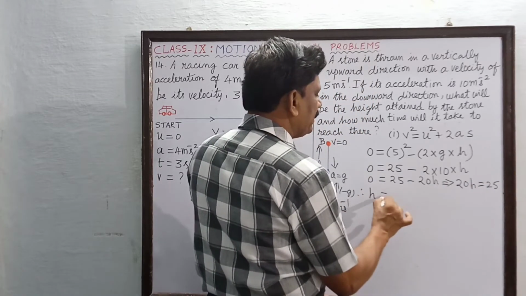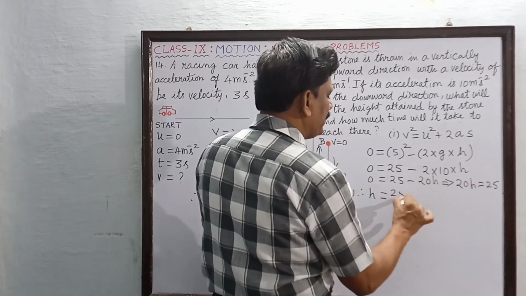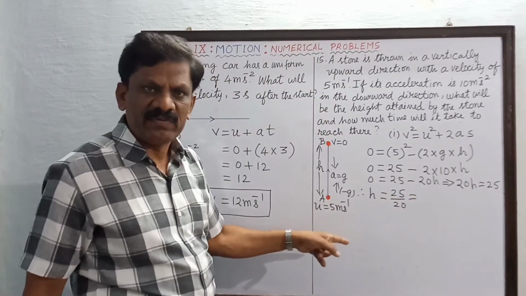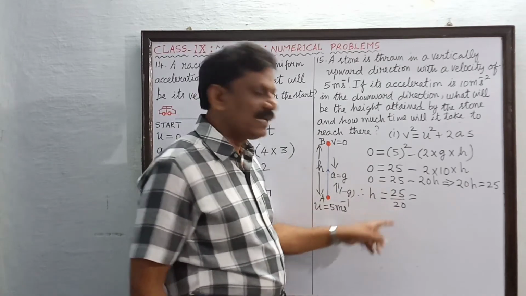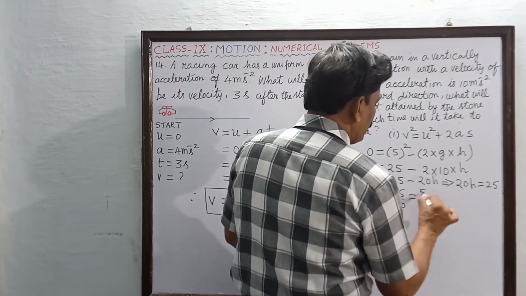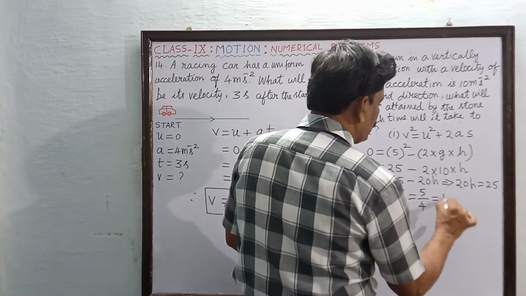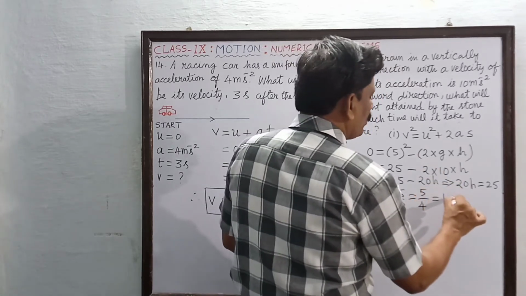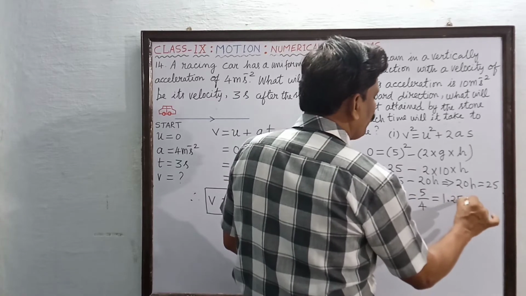Therefore, the height attained is 25 by 20. Both are divisible by 5: 5 5s are 25, 5 4s are 20. So this is equal to 5 by 4, that is equal to 1.25 meter.